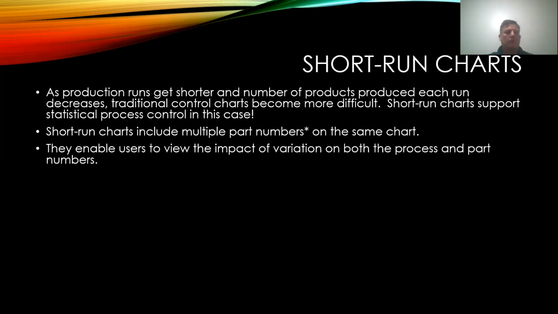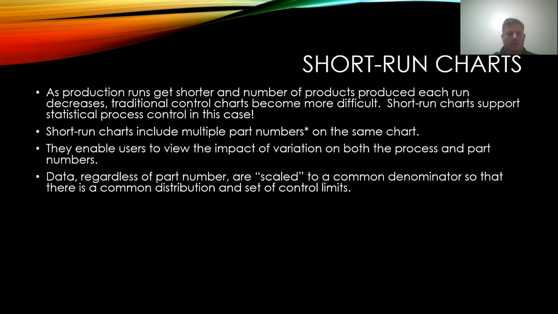Then they enable users to view the impact of variation on both the process and the part numbers, all the ones that are included on that short run chart. So the data, regardless of the part number, are scaled to a common denominator, so that there's a common distribution and set of control limits for all of those.